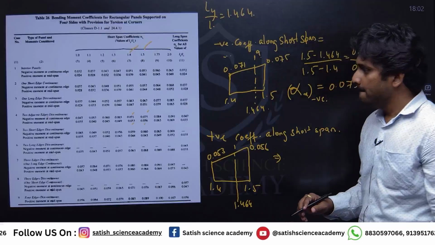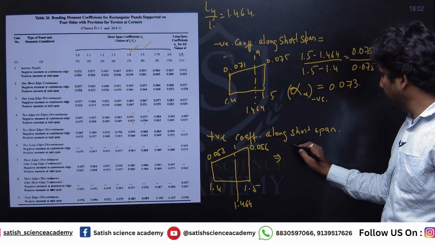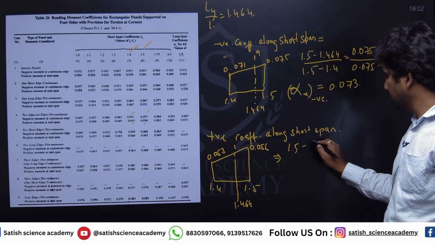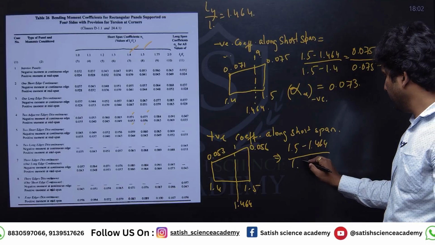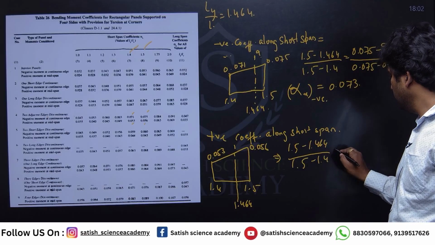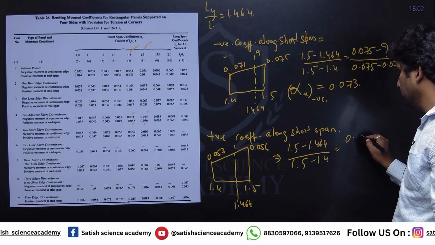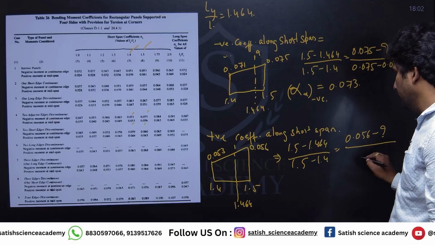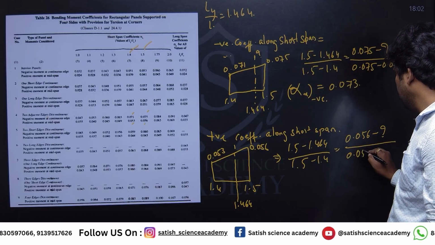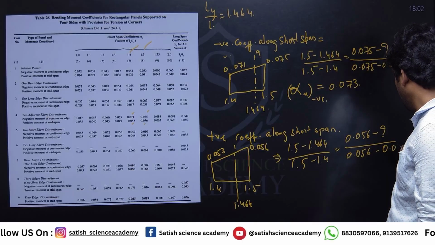Okay, so again you interpolate: 1.5 minus 1.464 divided by 1.5 minus 1.4 equals 0.056 minus unknown divided by 0.056 minus 0.053.